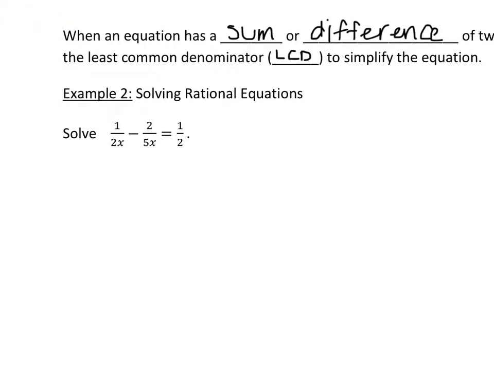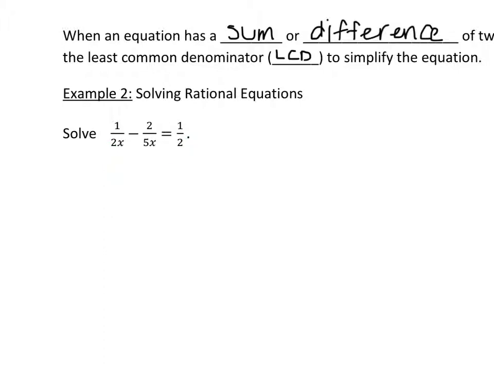So our denominators are 2x, 5x, and 2. What is our least common denominator going to be? 10. What else do we need? An x. Okay, because that can turn into 10x, that can turn into 10x, and that can turn into 10x.